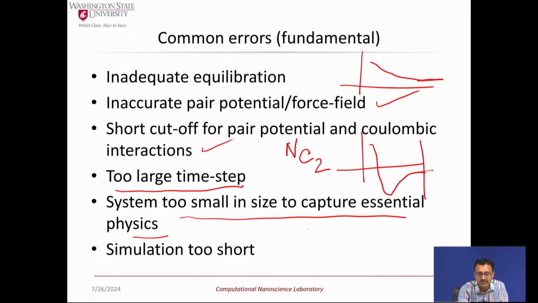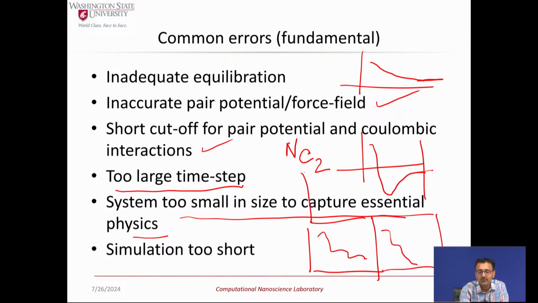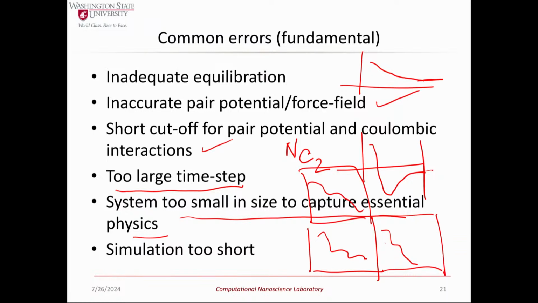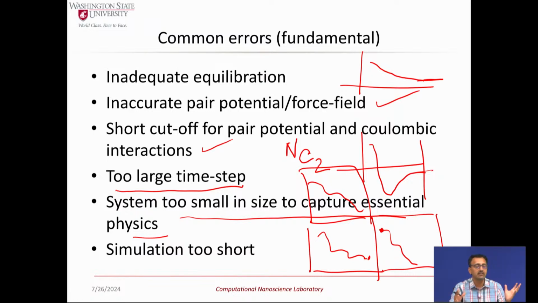Especially, I would mention this if you're interested in modeling a macromolecule like this, and if you're using a periodic boundary condition, remember you are capturing its replicas in all 3 dimensions. And a lot of times there can be spurious interaction between one end of that molecule with its tail end across the periodic boundary, which you have to be careful to avoid. You have to have a certain size of the box to eliminate those interactions.